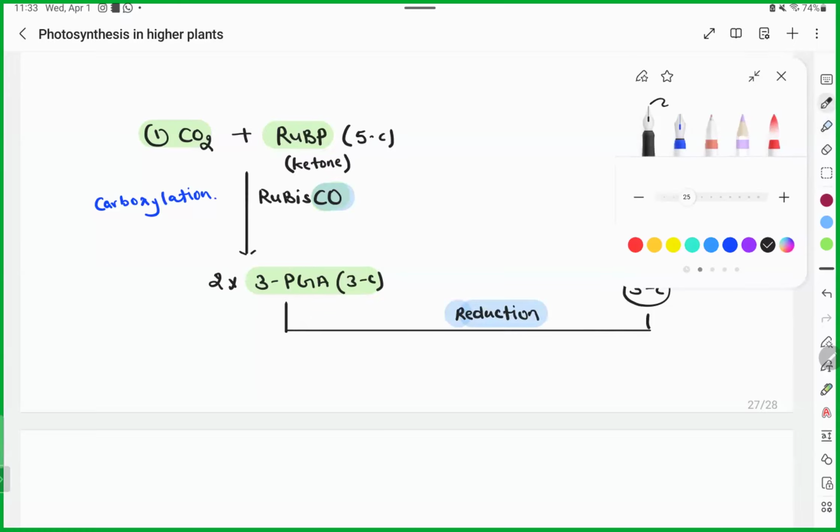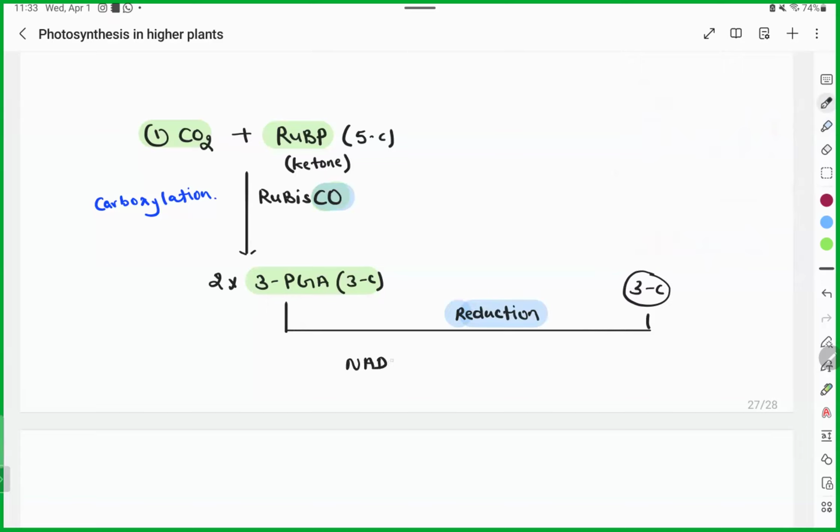Because in this case your NADPH will be used and converted into NADP. So what is happening? This NADPH is producing hydrogen. This hydrogen is utilized. This hydrogen is responsible for reduction of PGA.